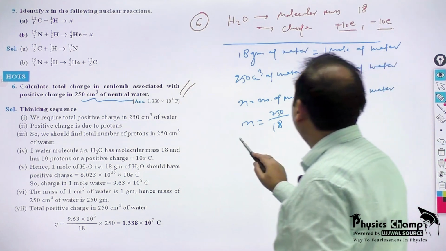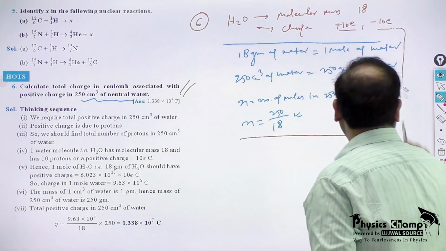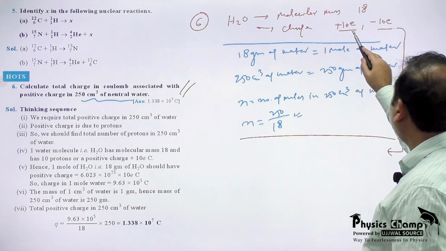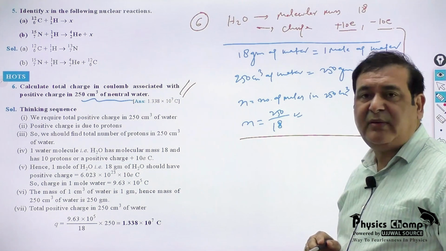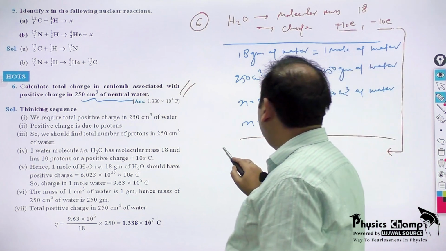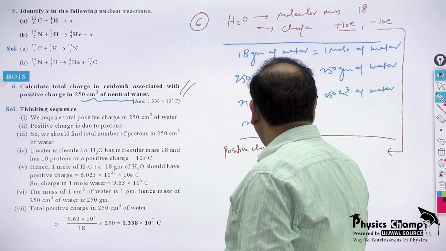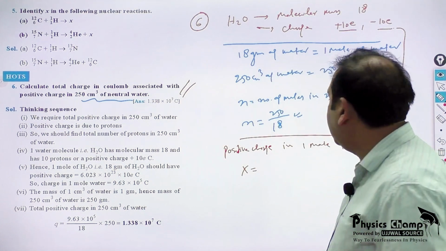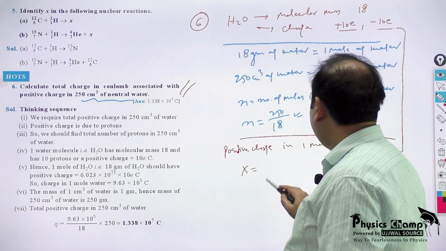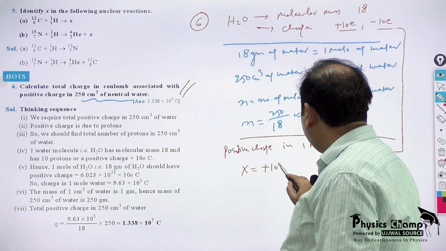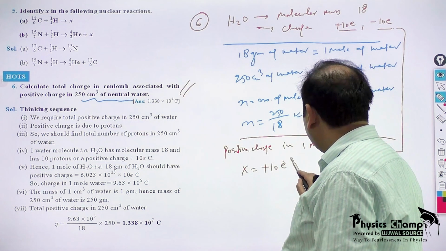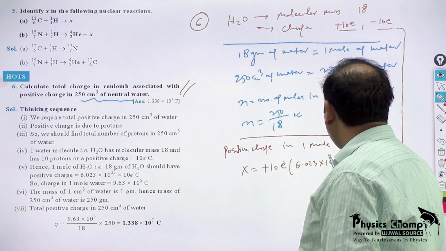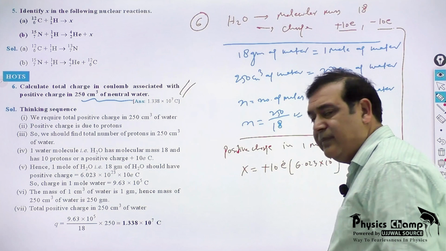Here I can once again utilize this outcome. If every molecule has 10e and minus 10e, then the positive charge in 1 mole of water, say X, will be plus 10e into 6.023 into 10 to the power 23 molecules.